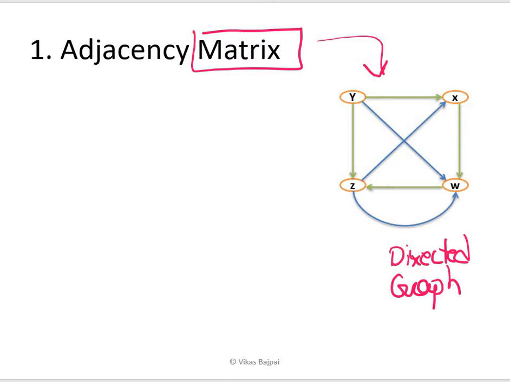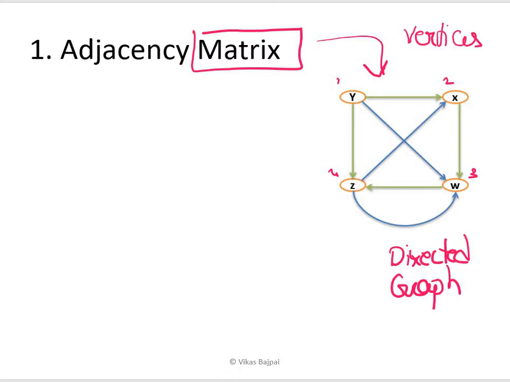So for this, first of all, we are going to count the number of nodes, that means the vertices. In this particular example, we have 1, 2, 3, 4.